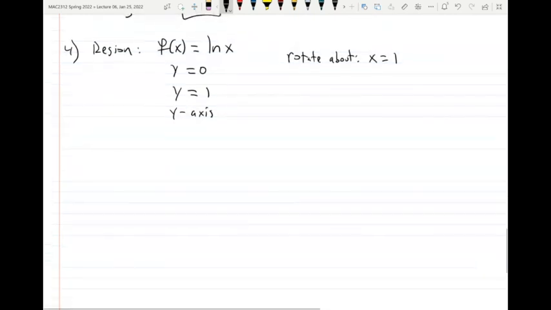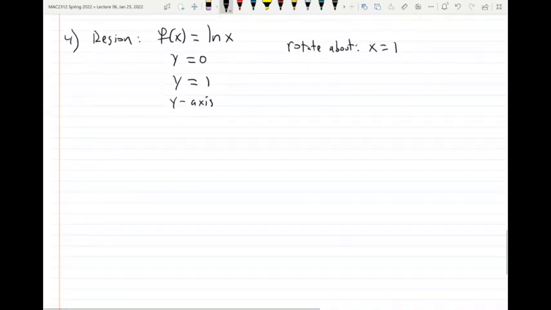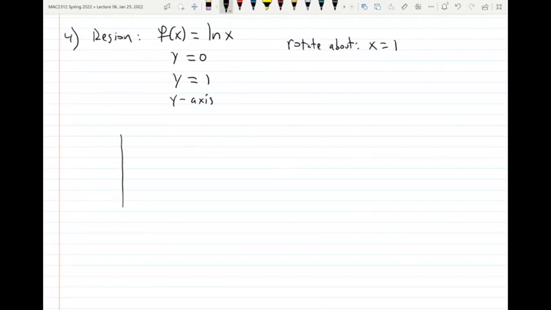Yes. Okay. Do you want me to draw the region for you so you can see how it is? So remember how ln looks like. ln looks like this. Right? This is the ln function. Now, what is this point right here? That's 1, right? Then I want y equals 0. That's the x-axis. Then y equals 1.